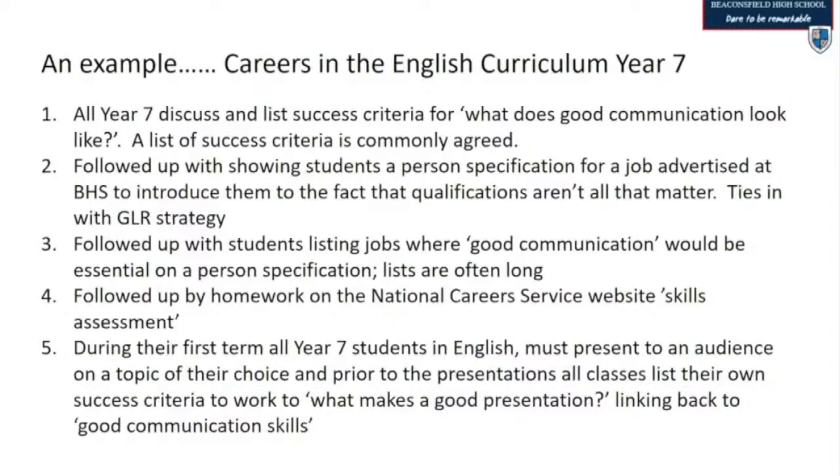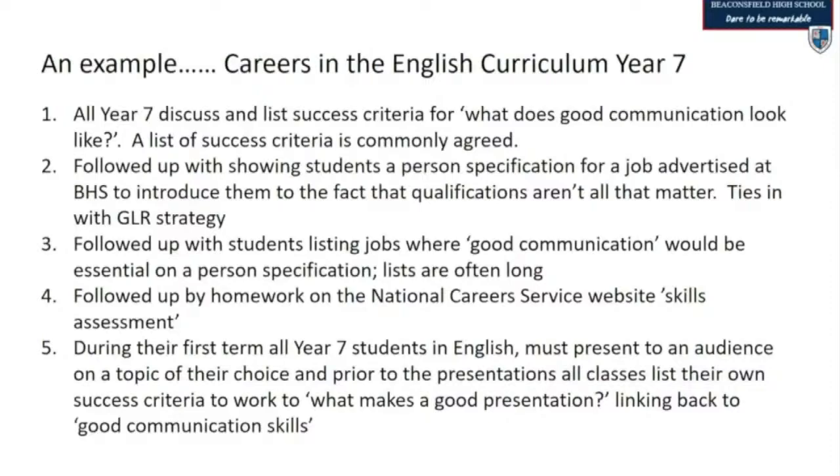So we take people back to, for example, as it says in bullet point 2, the idea of looking at a person's spec for a job that's been advertised, and how the GLR skills that we teach would help those students going forward. We also help them to look at different jobs and look at how the National Careers Service website helps to support all the information we talked about.